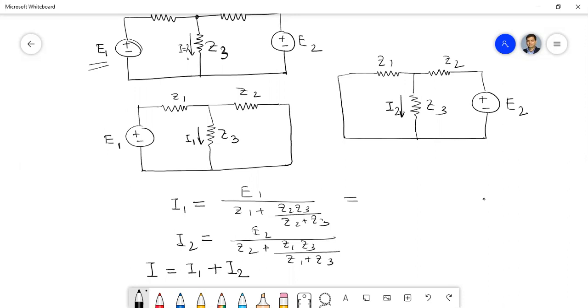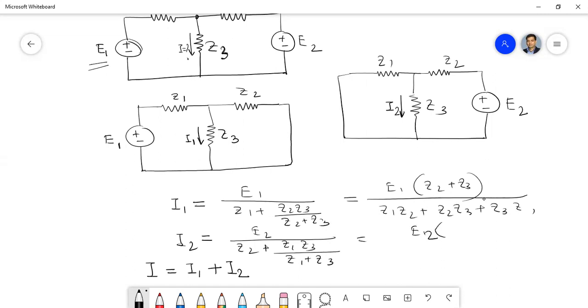So this you can also write as E1 times (Z2 plus Z3) divided by (Z1 Z2 plus Z2 Z3 plus Z3 Z1). Here also you can write the denominator as Z1 Z2 plus Z2 Z3 plus Z3 Z1.